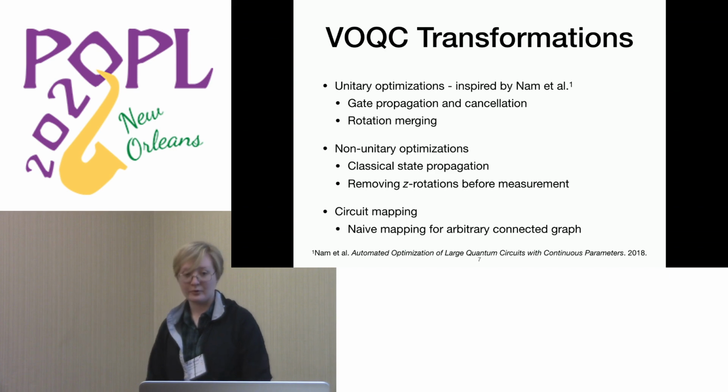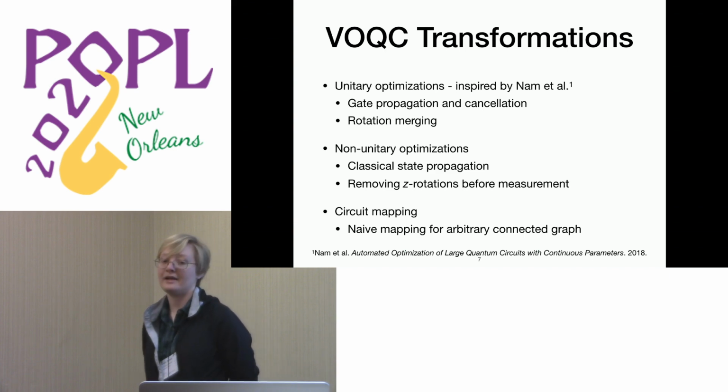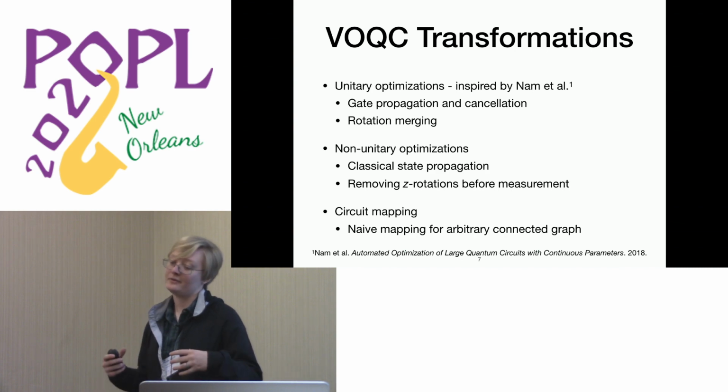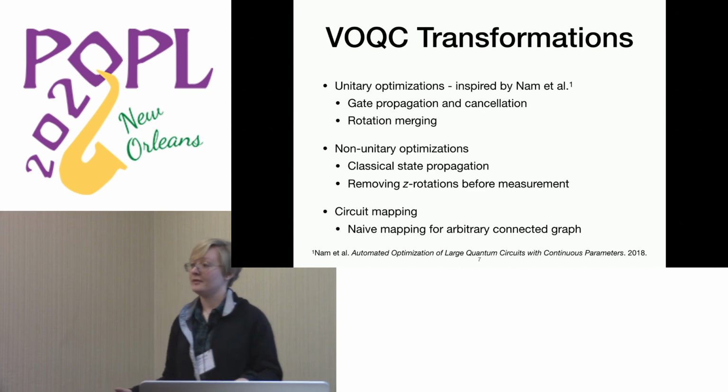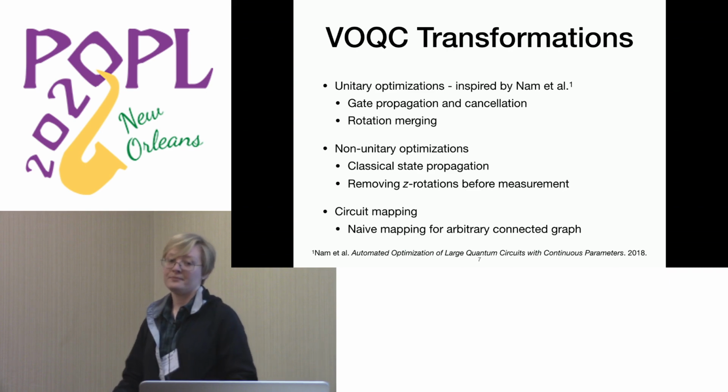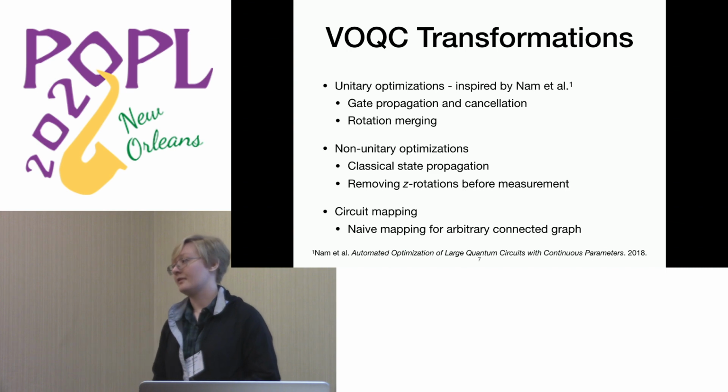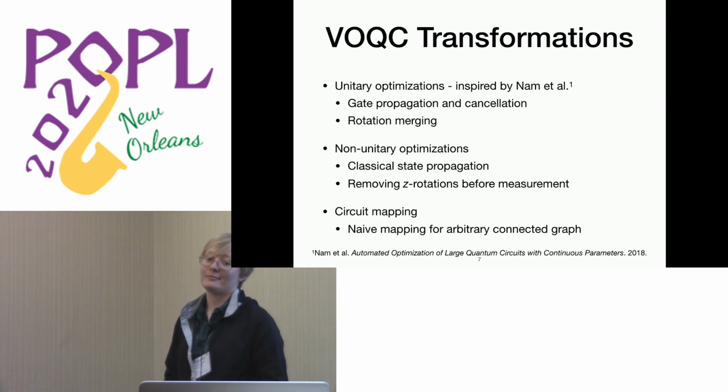So another important part of quantum compilers is this idea of circuit mapping, which we're going to think of as the problem of, I have an architecture where 2 qubit gates are only possible between certain pairs of qubits. They're not possible between every pair of qubits. And so I want to transform my programs such that they respect all these connectivity constraints. And so we have an implementation right now that is really the most naive circuit mapping possible.